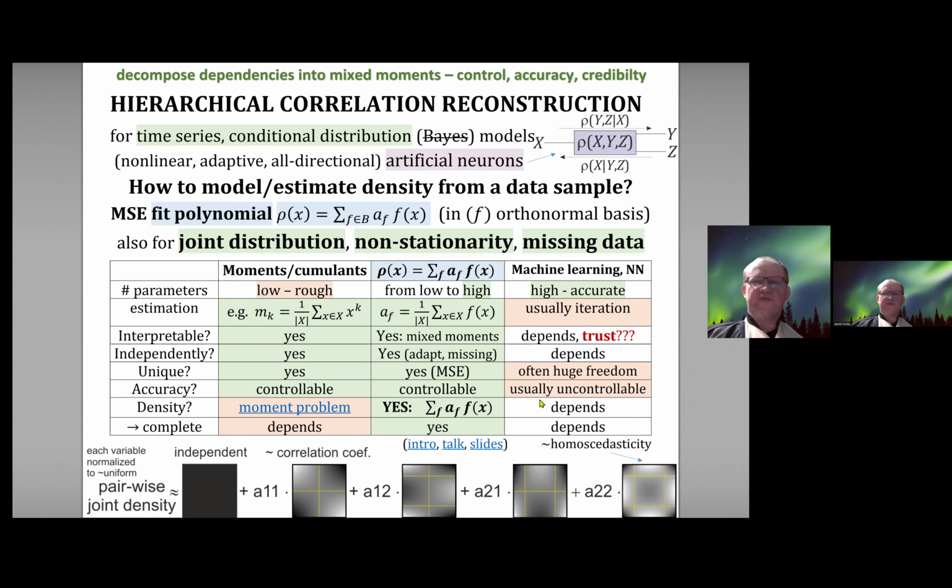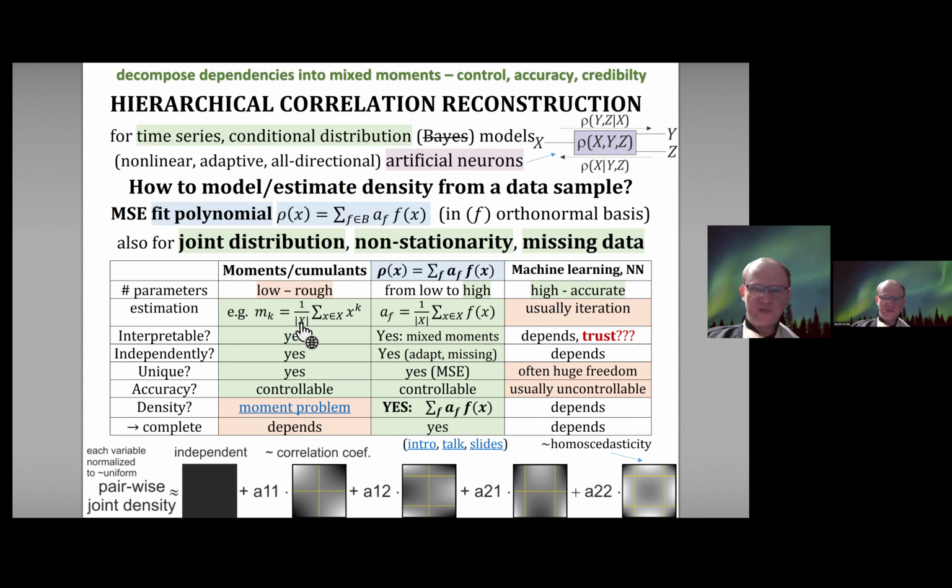On the other side, we have machine learning neural networks. They offer a very accurate description with huge parameterizations, but the estimation is through iteration, the interpretability is usually poor, so people don't trust them, especially with finance data. And the solutions are not unique. So the question is, could we get something in between?